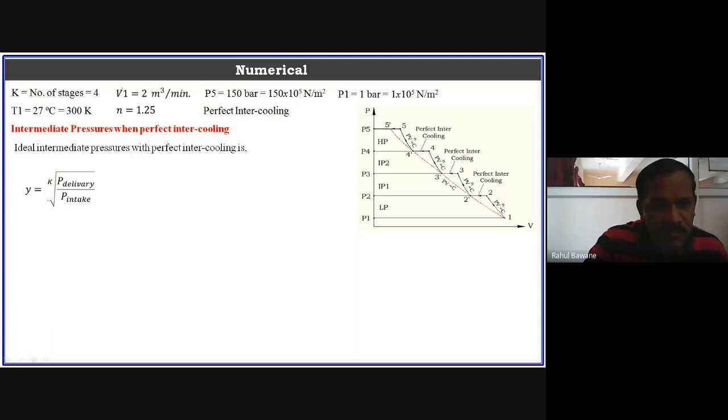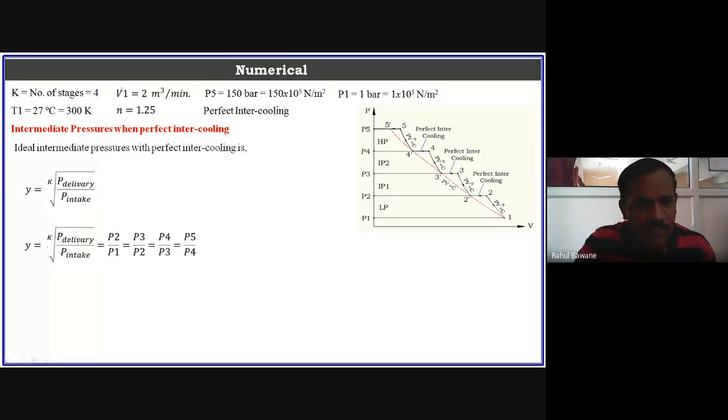In this case we take the k-th root of delivery upon intake pressure, which will be equal to each stage pressure rise. So P2 upon P1 is the pressure rise in LP, P3 upon P2 in IP1, P4 upon P3 in IP2, and P5 upon P4 the pressure rise in the HP cylinder.